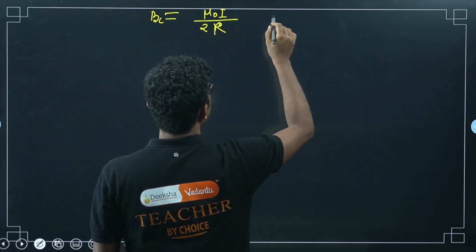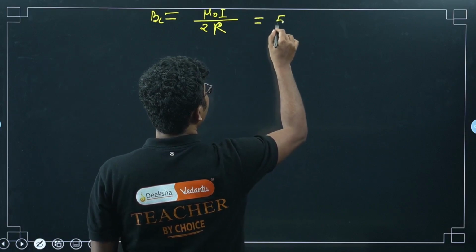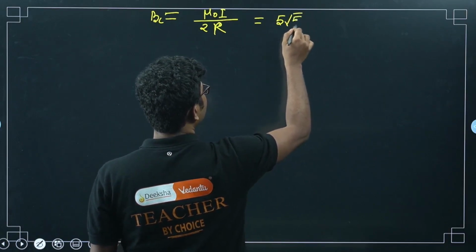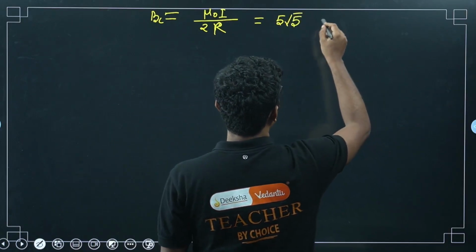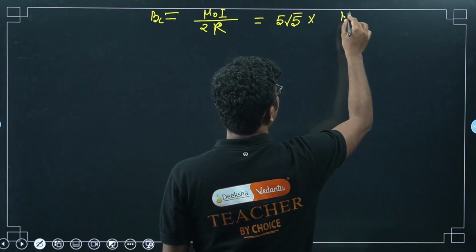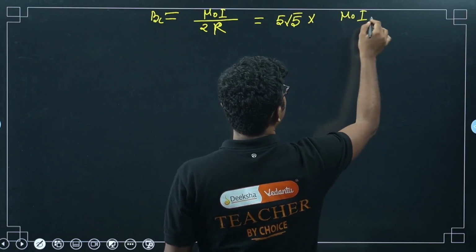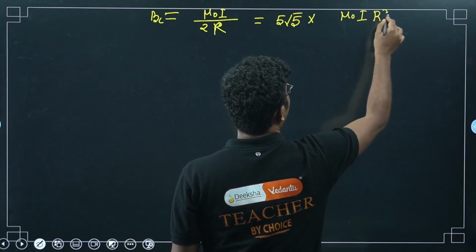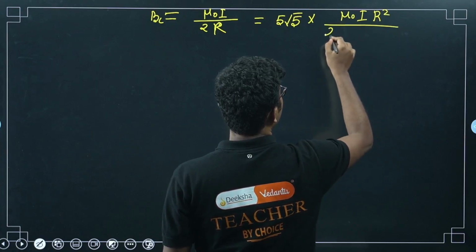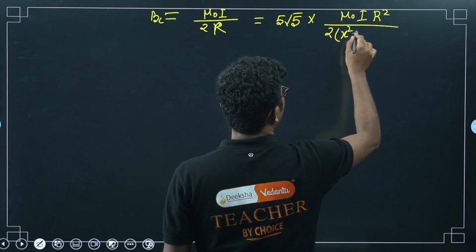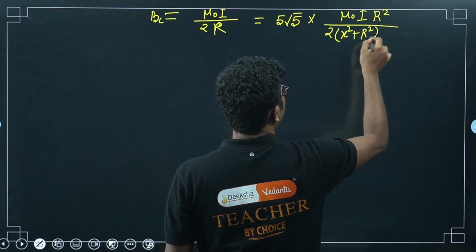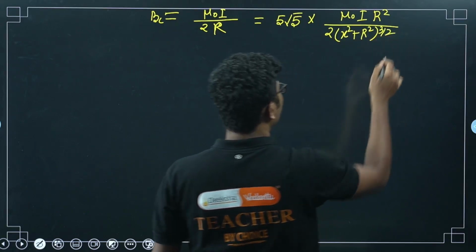And it says that it is 5 root 5 times stronger than that at some point, say at a distance x. For that point we can write mu naught I r square by 2 times x square plus r square to the power 3 by 2, right? We know this formula.